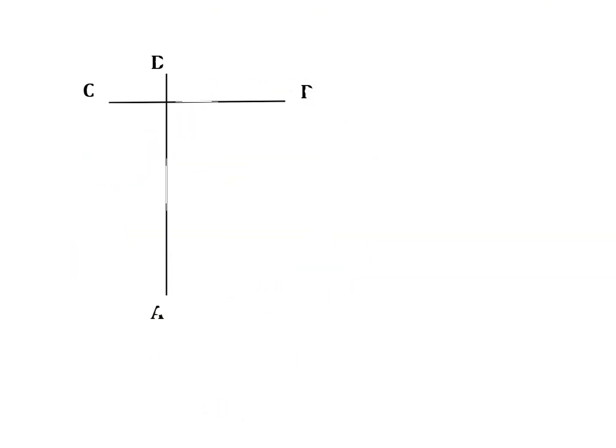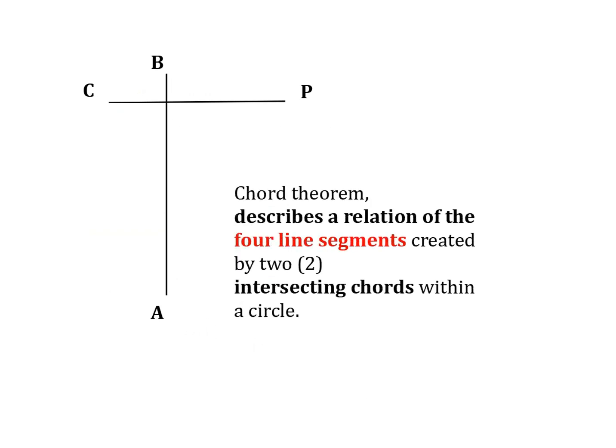Now let's solve this circle. So there are two chords, one is AB, another one is CD. We are going to use another theorem, called the chord theorem. This chord theorem describes a relation of four line segments created by two intersecting chords.